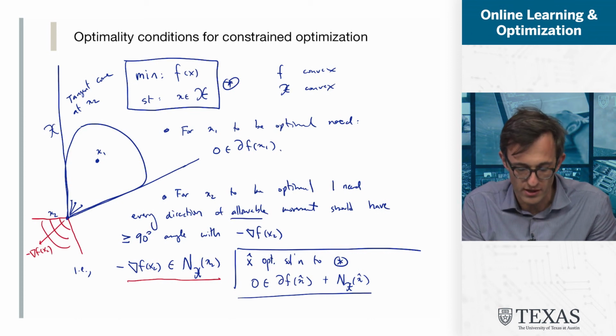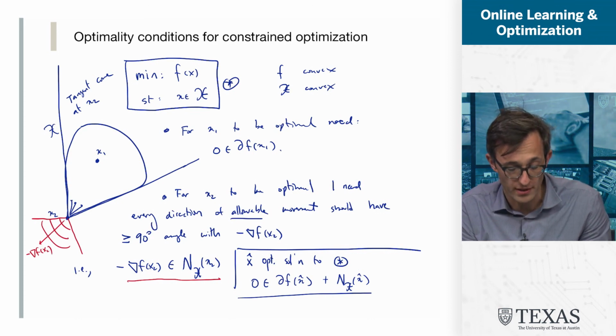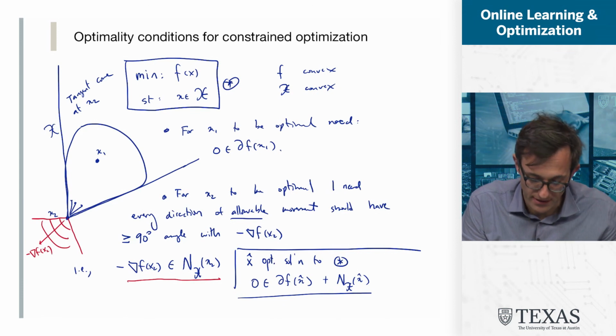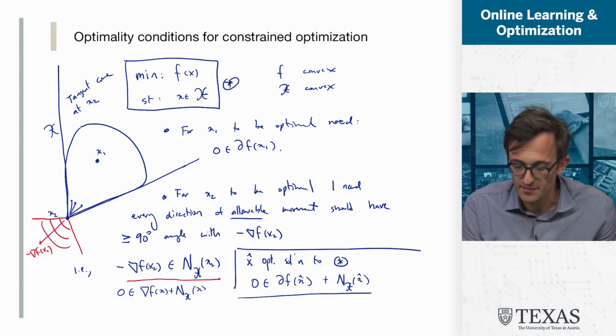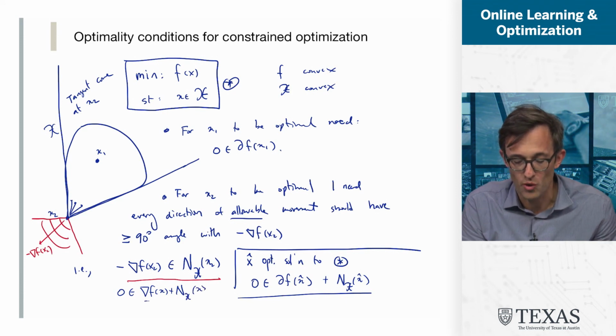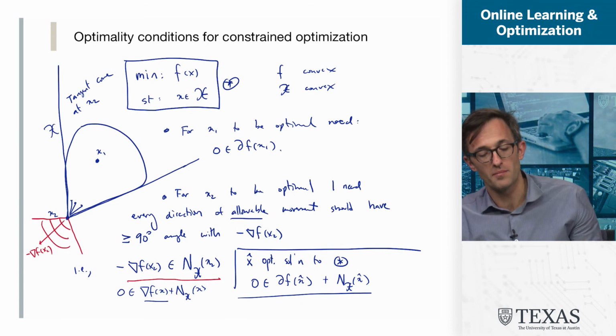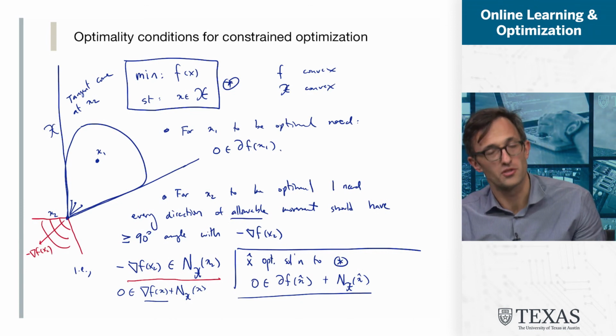Just look at what's underlined here. Minus the gradient is an element of the normal cone is exactly like saying 0 is an element of the gradient plus the normal cone. And all I did to get to my general definition is just swap the subdifferential for the gradient. So we've characterized now optimality for general constrained optimization problems. We'll stop here, pick it up next time.